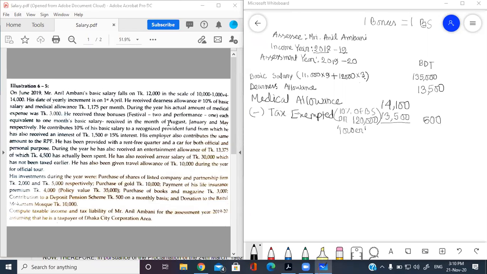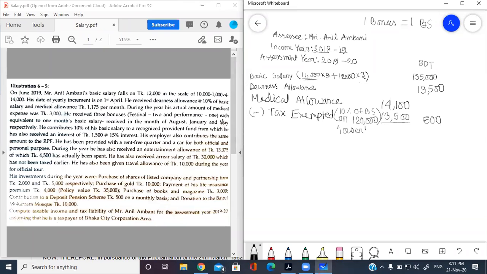So first of all, August and January are in the period before the increment date of April 1. So you can easily identify that the bonuses received by Mr. Onil Ambani for August and January were equivalent to 11,000 each.